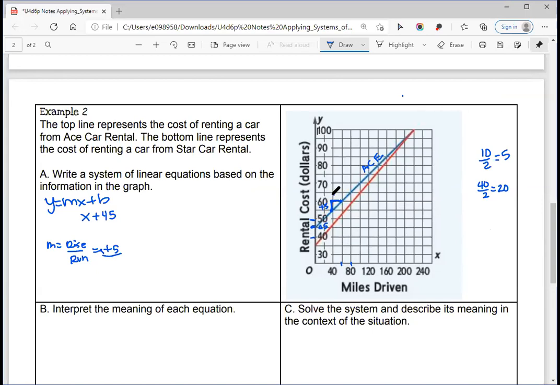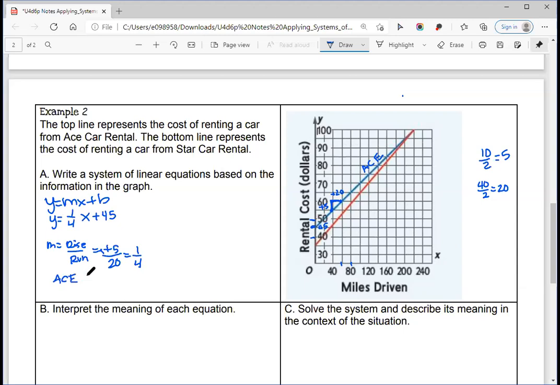So that's going to be plus 20. So that is 5 over 20, which when you reduce it is actually 1 over 4. And that is going to be my slope. Got it? And this is for Ace.